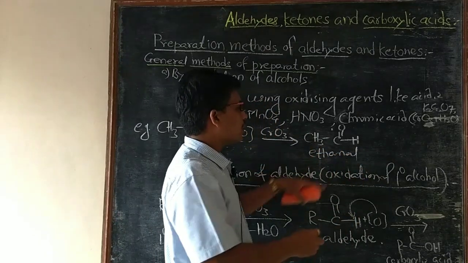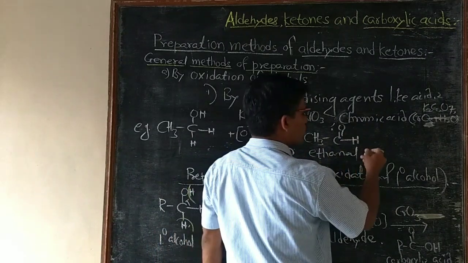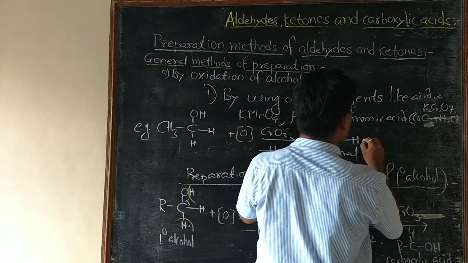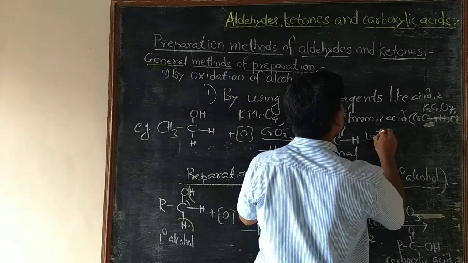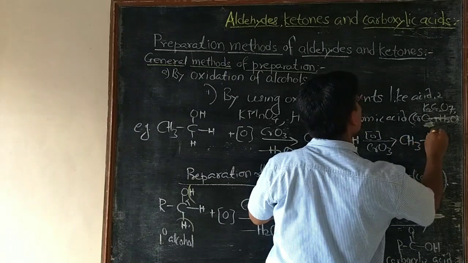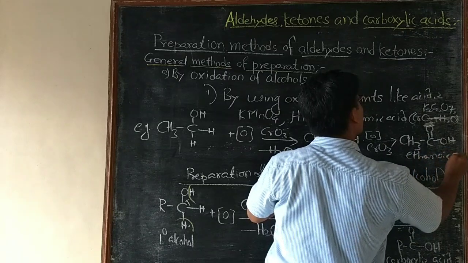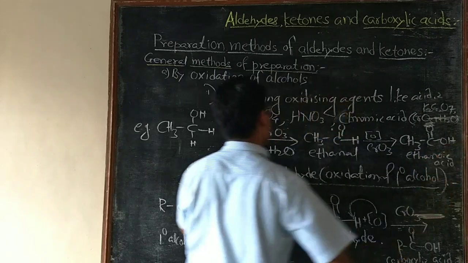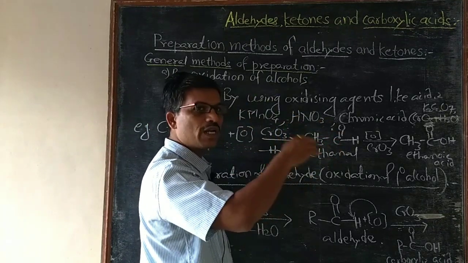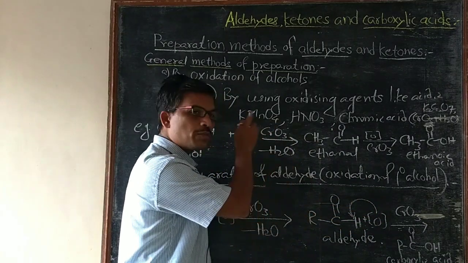And this ethanal on further oxidation by using chromic acid gives its corresponding carboxylic acid, that is ethanoic acid. The aldehyde formed further undergoes oxidation to form its corresponding carboxylic acid, and the reaction does not stop at the aldehyde, that is the first stage.